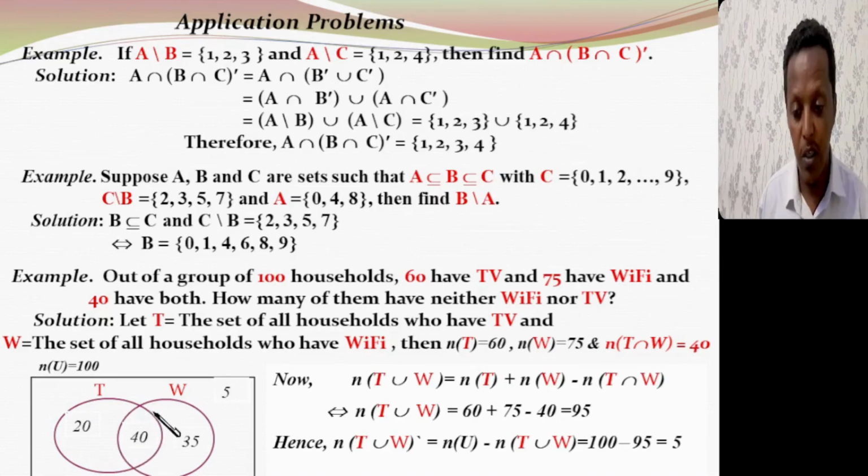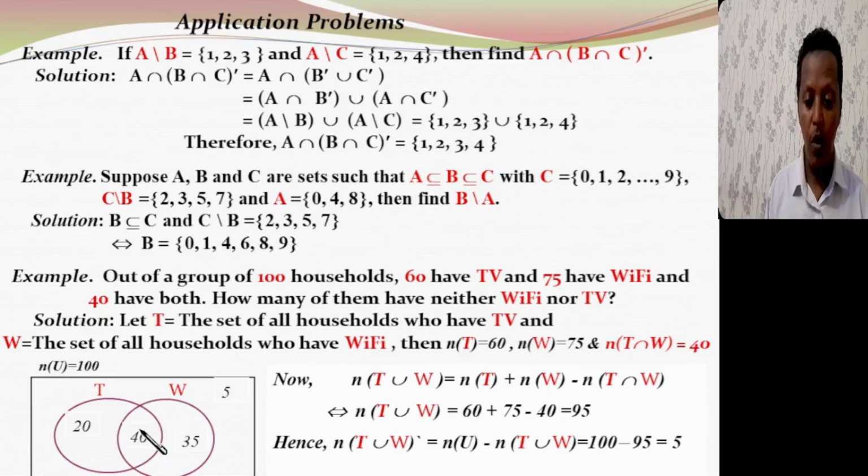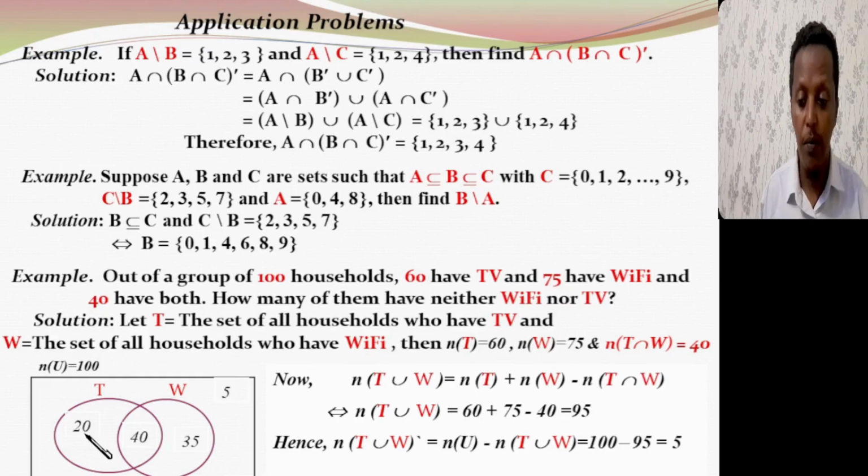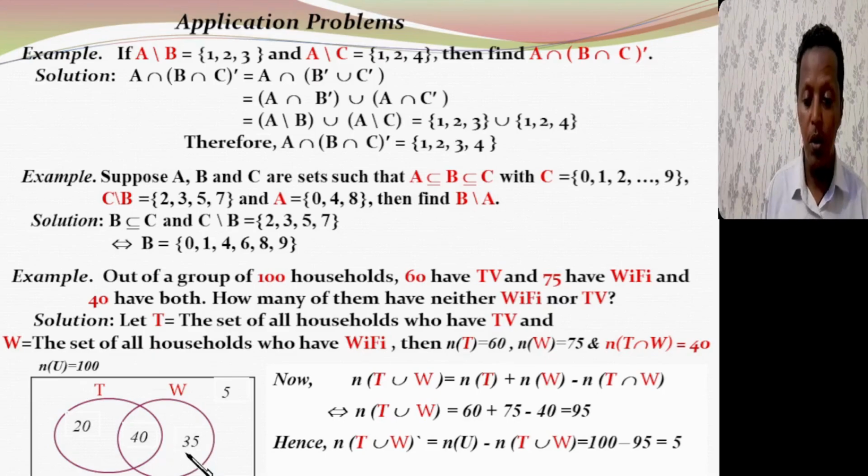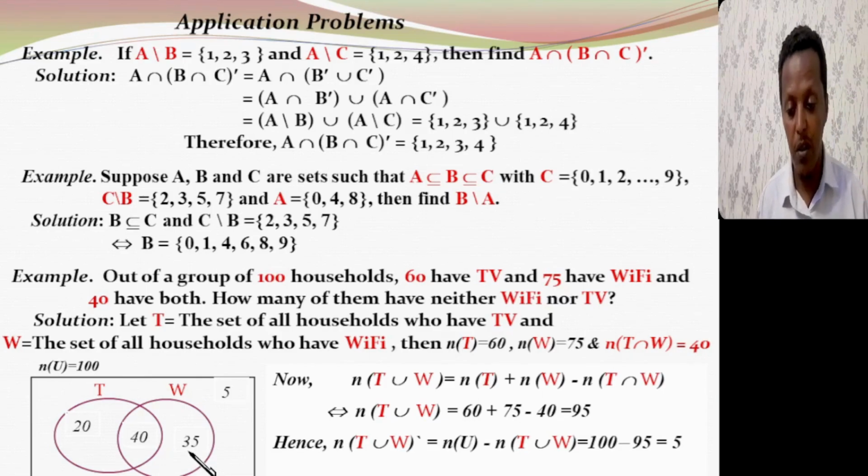So 40 is the intersection of those having TV and Wi-Fi, and 20 are those households having only TV without Wi-Fi. So 20 plus 40, you have a total of 60 households having TV. And having Wi-Fi, 40 plus 35, 75. So among 75, when you subtract 40, 35 households have only Wi-Fi.